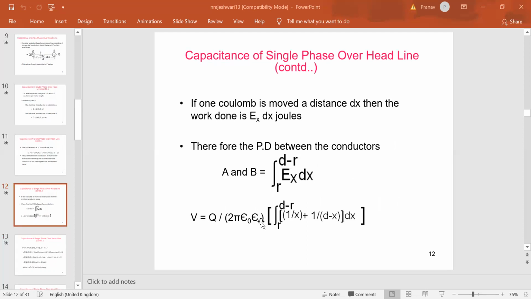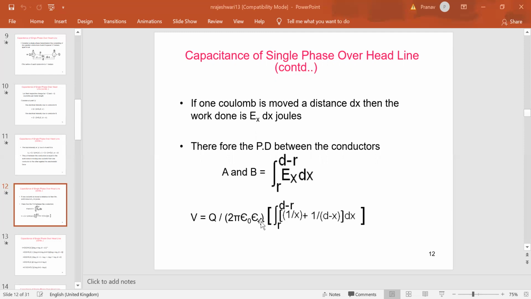If 1 coulomb is moved through a distance dx, then the work done is Ex dx joules. Therefore the potential difference between the conductors A and B will be the integration of Ex dx, which is equal to the integration from small r to d minus r of Ex dx.